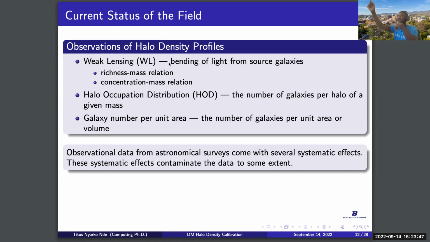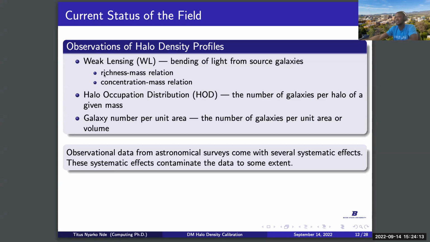So if you look at a galaxy in the sky, from your line of sight, you might think that you can draw a straight line from you to that galaxy. But sometimes it is not. The light from the galaxy is actually bent by another galaxy that is possibly between you and the galaxy you are seeing. So we call this effect weak lensing.